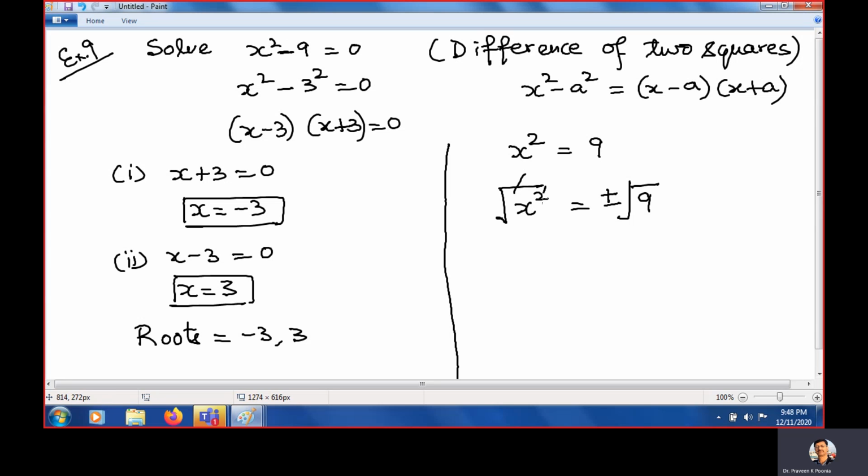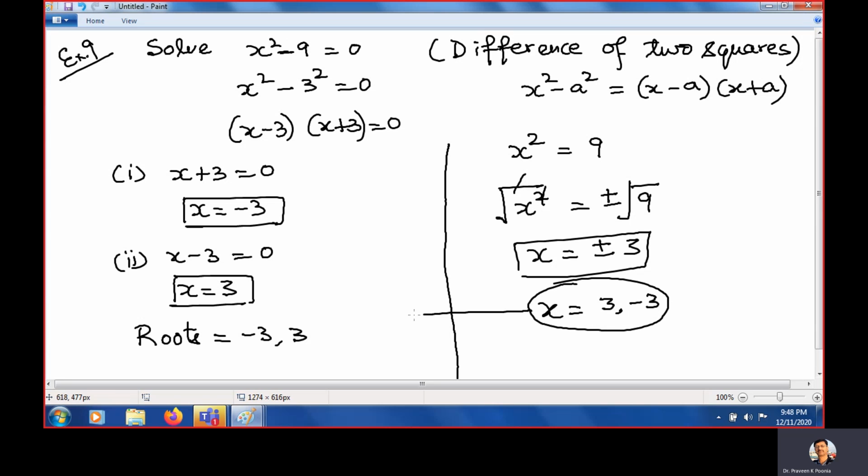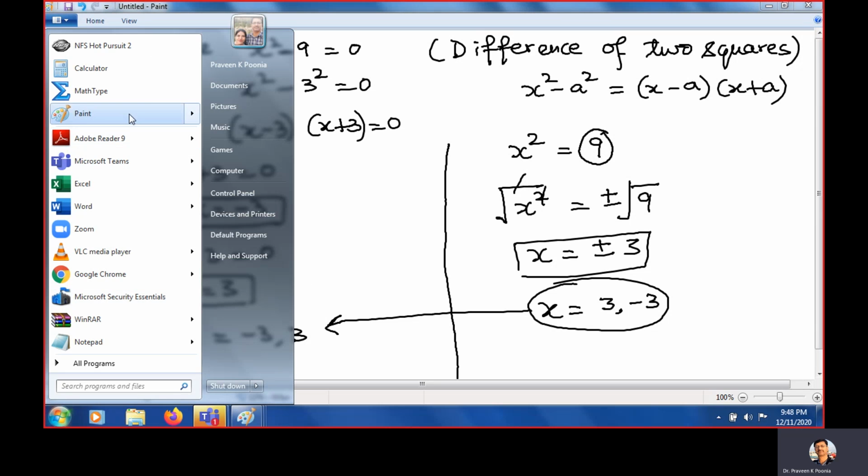So this root is cancelled by the square, so x is equal to plus minus the square root of 9, which is 3. Clear? So what are the values of x? One value is plus 3 and another value is minus 3. It is the same as before. But this method is applicable whenever you have a perfect square value. Otherwise, the answer will be in square root form.